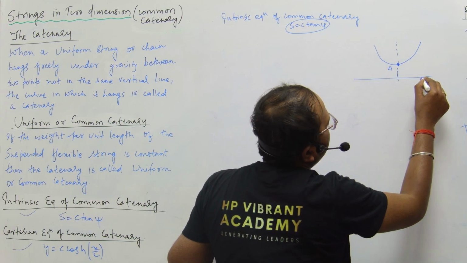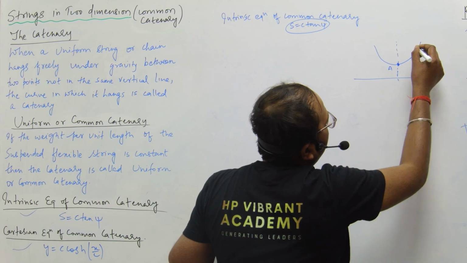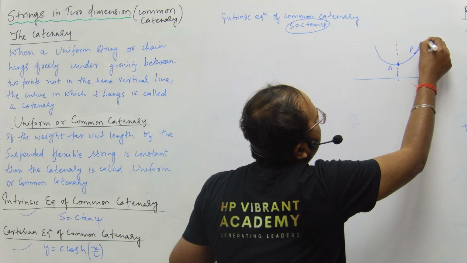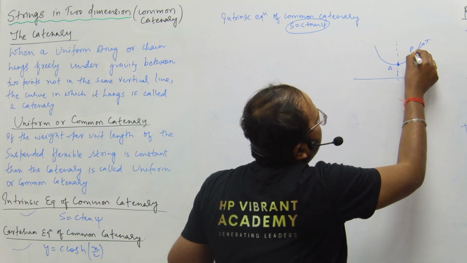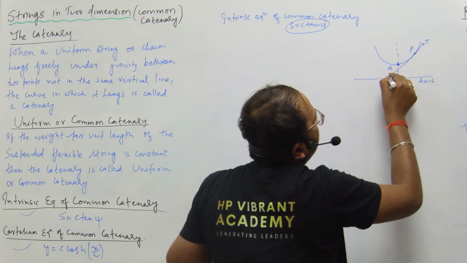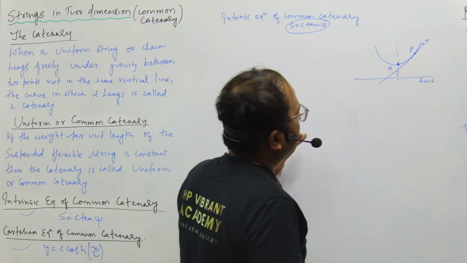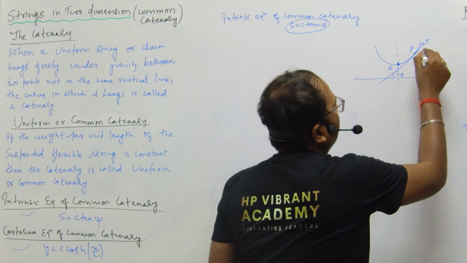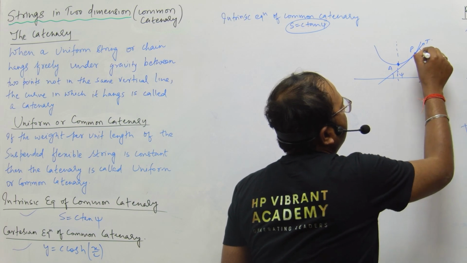This is the directrix. Let us consider a point P here. Tension at this point P is in this particular direction. This is tension T. Let us extend this line. This line of tension makes an angle of psi with the horizontal.